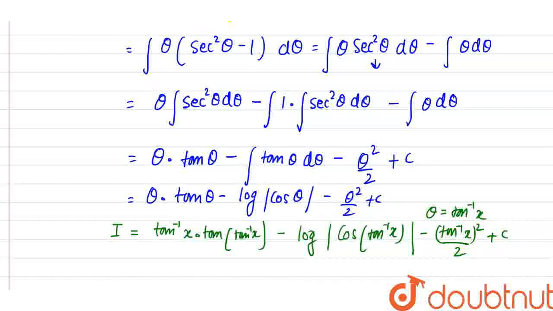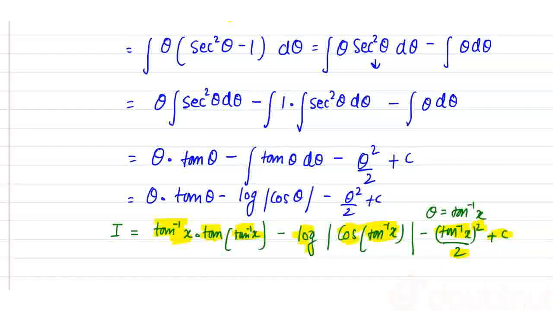So guys, this is going to be our final answer: tan inverse of x into tan of tan inverse x minus log cos of tan inverse x minus tan inverse x whole square divided by 2 plus c. Thank you guys.